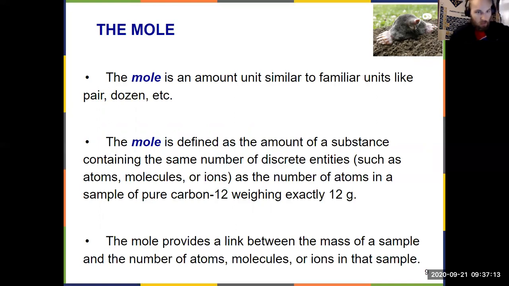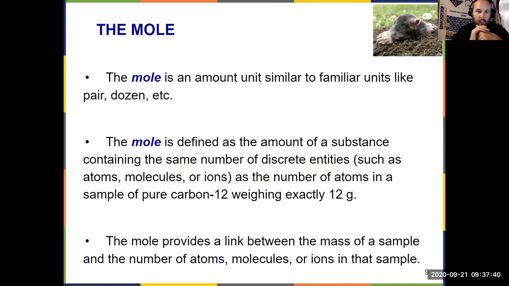So what is the mole? It is an amount of something. If you get a dozen donuts or a dozen beverages, that means 12. The mole is the same idea, and the number comes from Avogadro's number, which we have on the next slide.